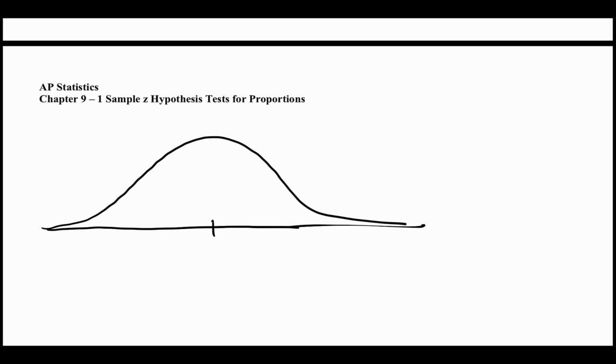So we draw the curve. Put the mean. What's the center? The claim. The claim always goes in the middle. What was our alternative hypothesis? Which is less, right?